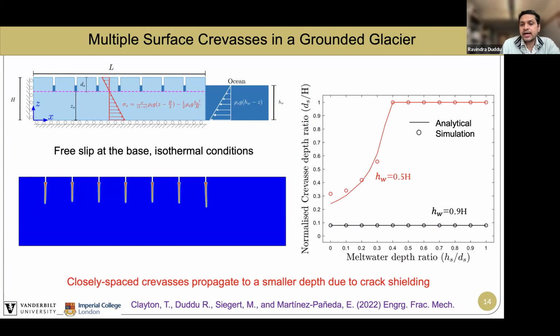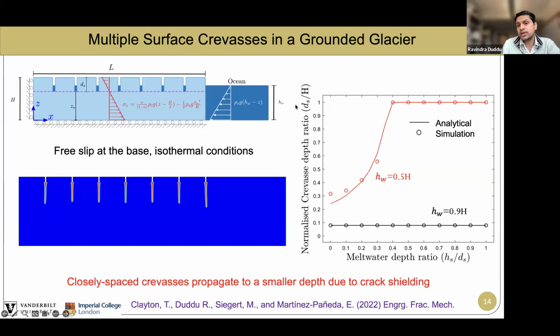But the gist is that if you do the same exercise of taking the meltwater ratios and crevasse depths, you get the same behavior: when there is no meltwater, you have a smaller depth of crevasses. As you fill it in, now you get to full depth propagation in the 0.5 H case. And in this case, we compared the zero stress model depths with our phase field fracture simulation, and you get good matching.